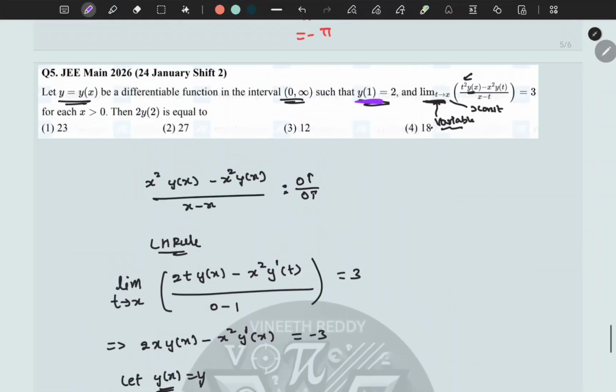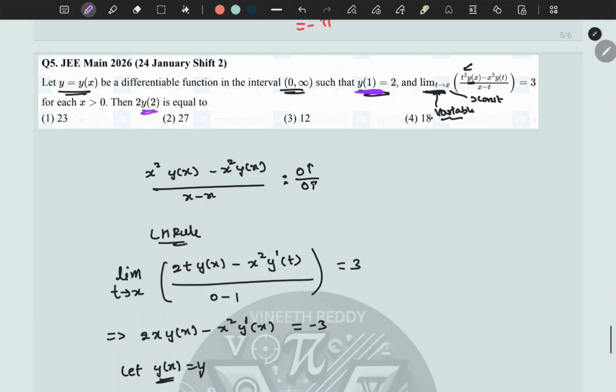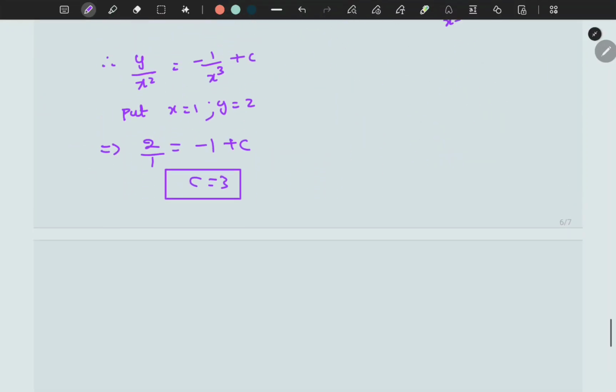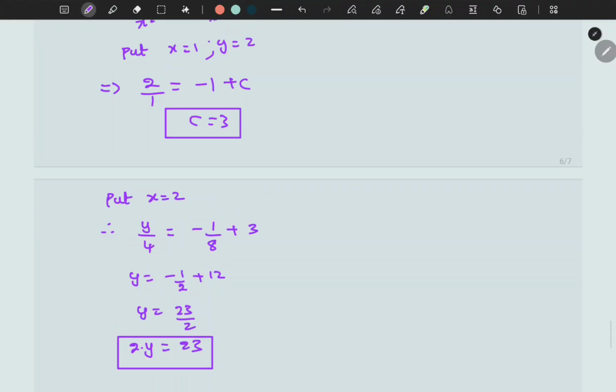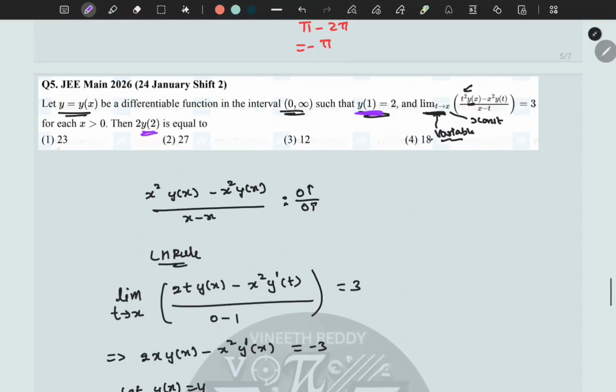Now we need to find the value of y when x = 2. So put x = 2, we get y/4 = −1/8 + 3. Therefore y = −1/2 + 3 into 4, which is 12. So y = (24 − 1)/2 = 23/2. So 2 into y is 23. I think this is what is asked. Correct? 2 into y, yes, perfect. This should be 23. Indeed, this is the answer.